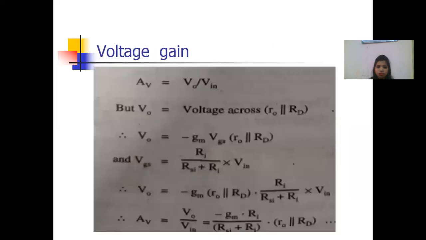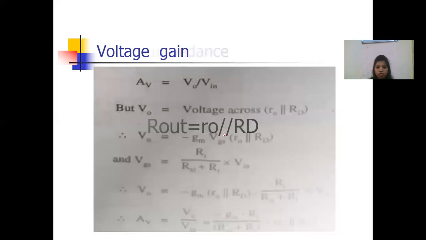Direction is towards the downside, that's why the sign is minus. Okay, so this is equation 1. Output voltage is minus gm VGS times R0 parallel RD. Now we have to find VGS.